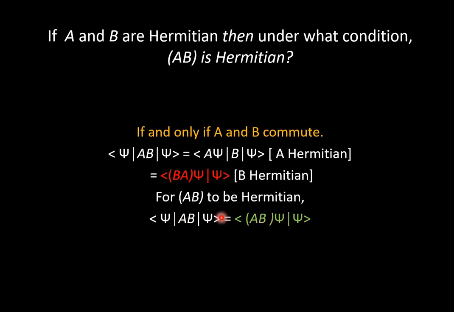So the red colored <BA psi|psi> should be equal to the green colored <AB psi|psi>, right? So BA psi psi should be equal to AB psi psi. That means BA must be equal to AB. So that means they commute. They have to commute. Okay. I think you have got the point.